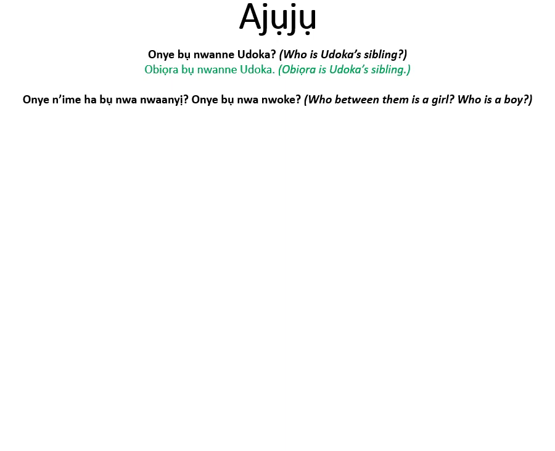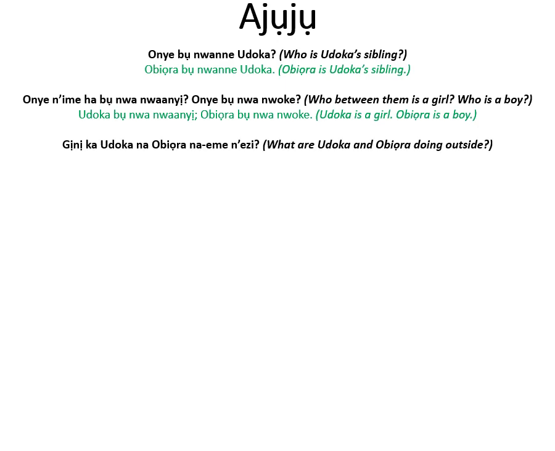N'ime ha means between them if it's just two people, or among them if it's many people. So onye n'ime ha, who between them, bụ nwa nwanyị is a girl, and then onye bụ nwa nwoke, who is a boy. Udoka bụ nwa nwanyị. Udoka is a girl. Obiora bụ nwa nwoke. Obiora is a boy.